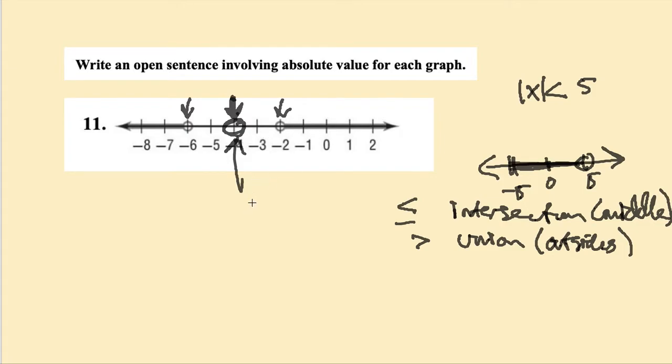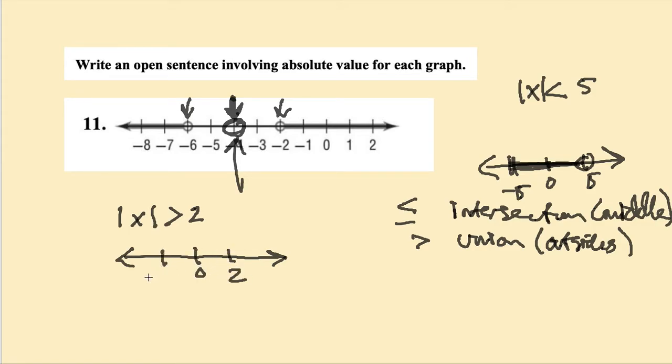The last thing I want you to think about is a normal situation when you would do something like this. If this were the absolute value of x is greater than 2, and we use greater than because we think it's a union, we would get a graph with 0 here, then 2 here, and -2 here.